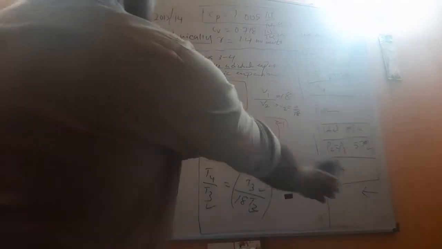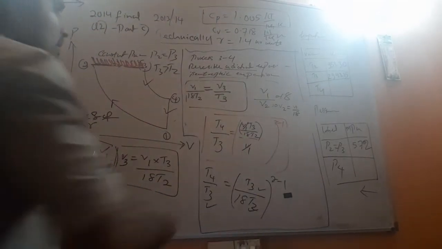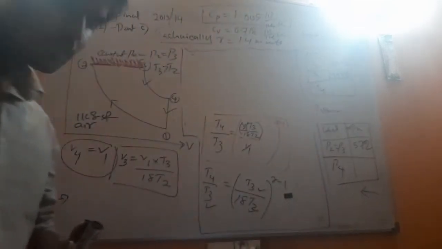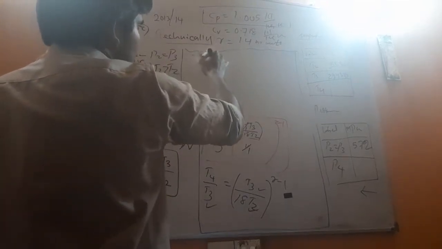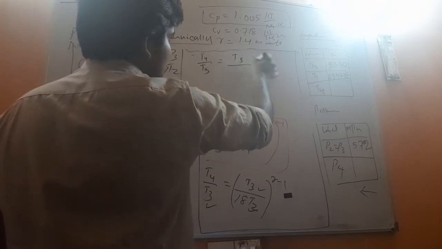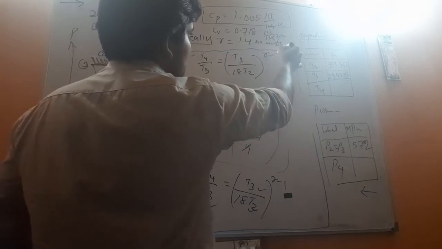Right? So now I will again erase this part. You can again revise the video. Like you can again go back of the video and you can see. T4 divided by T3 equals T3 divided by 18 T2 to the power gamma minus 1.